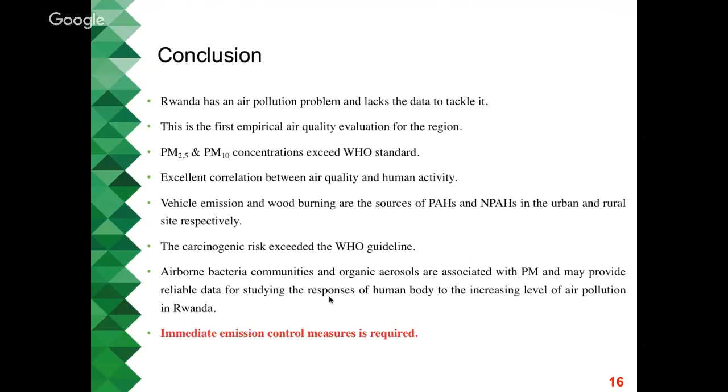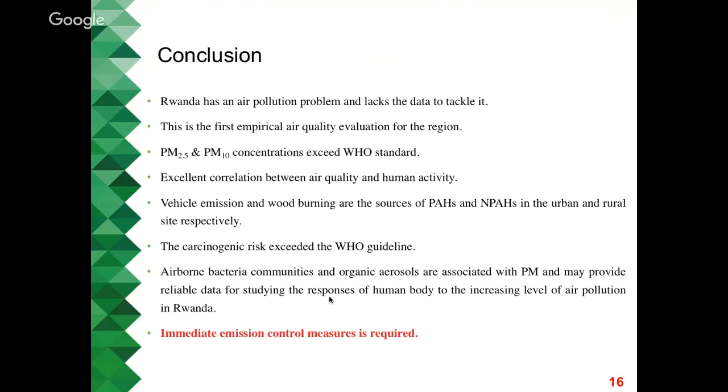As a conclusion, Rwanda has an air pollution problem, but there is a lack of data. This is probably the first empirical research done in sub-Saharan Africa. PM2.5 and PM10 greatly exceed the WHO standard. We found excellent correlation of air quality and human activity during holidays, car-free days, and so on.